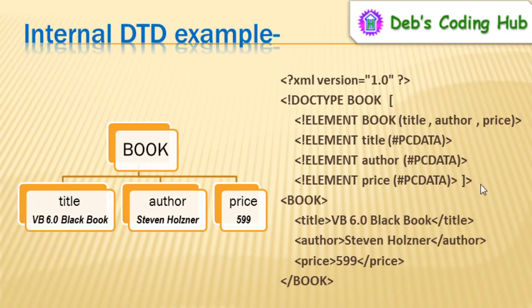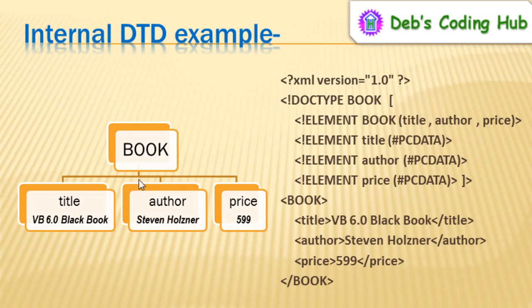Now as the doctype is defined, I can go for the XML part. And this is the XML part where we are storing the data of a book. Book is the root element. It is starting with book and ending with book. And all the children must be inside the book element.